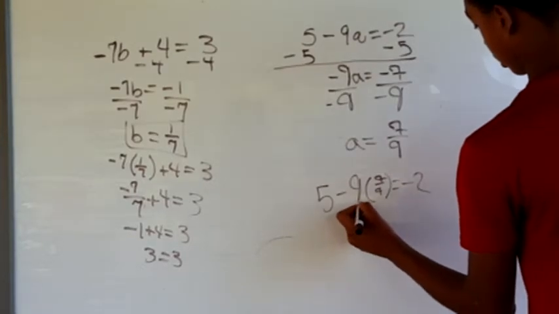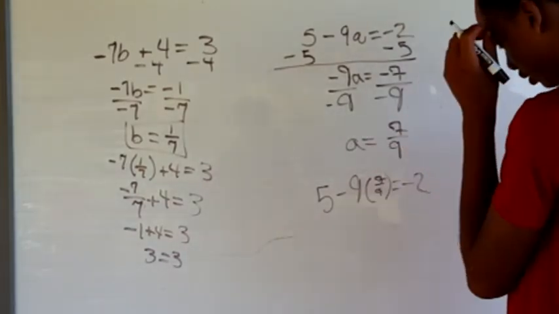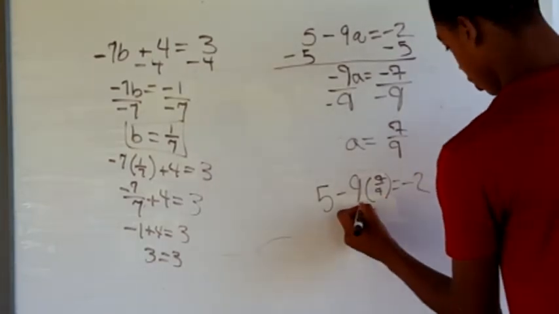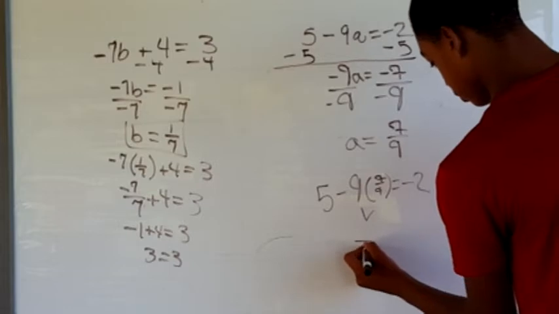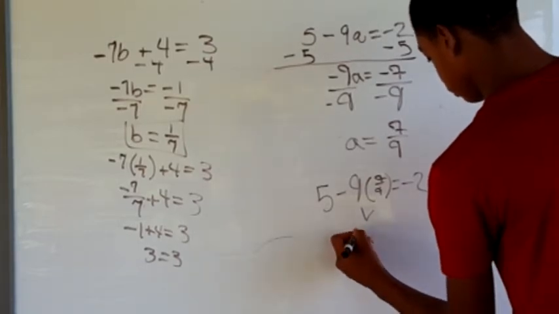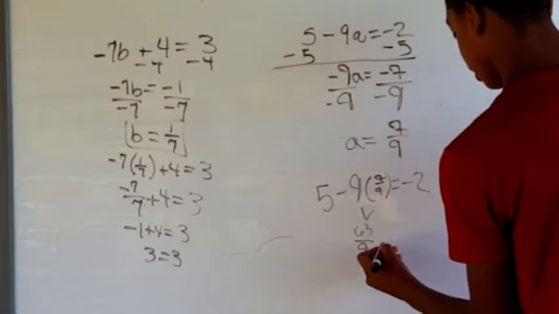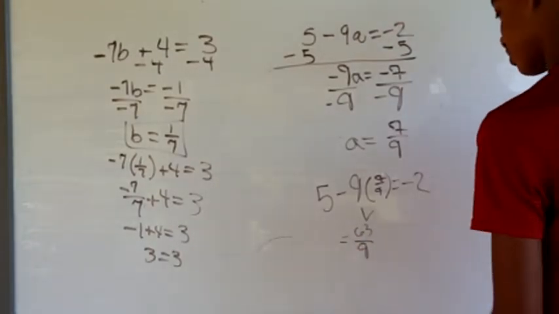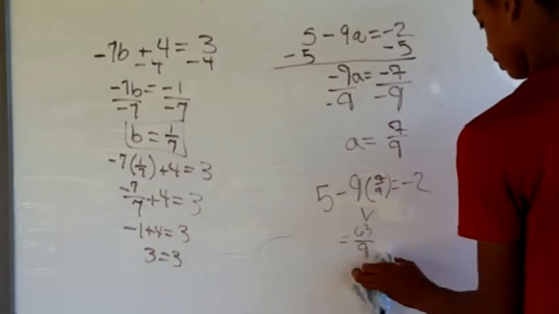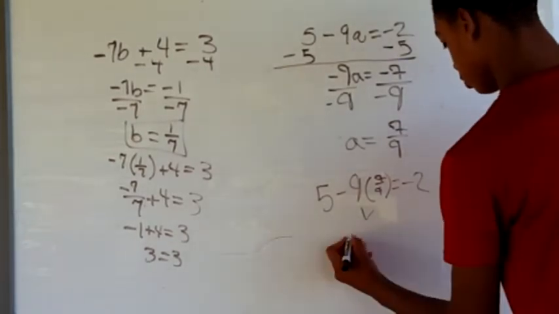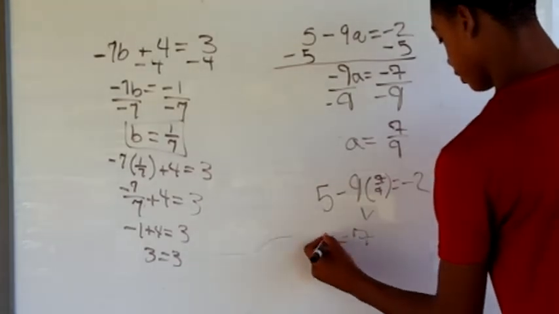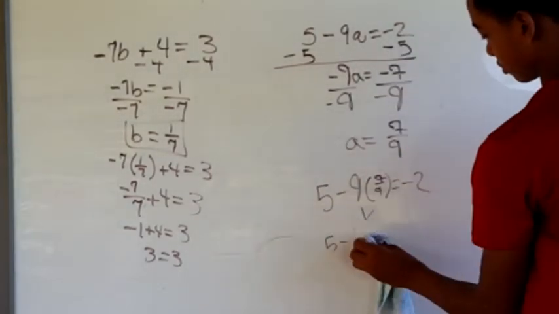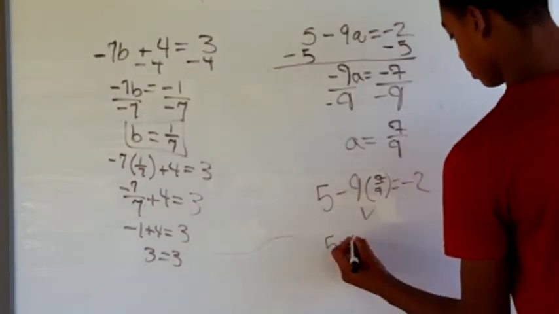So you go ahead and multiply 9 and 7 ninths, which is going to equal 63 over 9, which is the same as 7. Okay, no, write that out. You can show the math steps. That is 9 times 7 over 9 is 7.